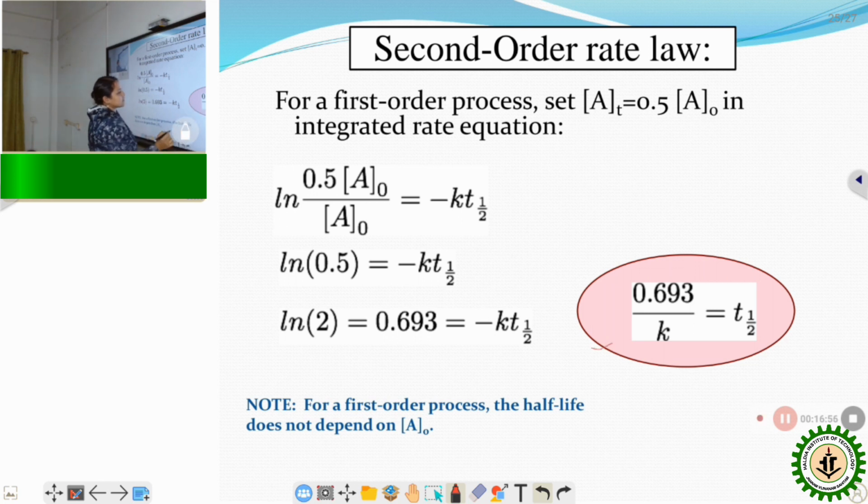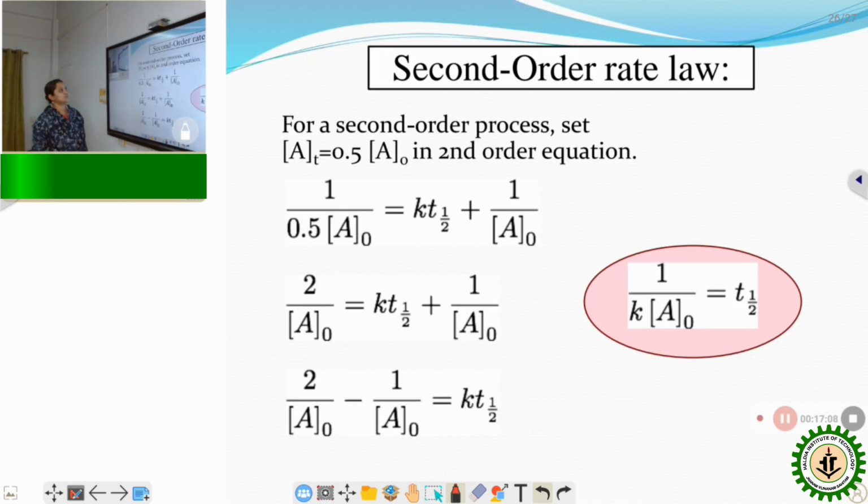So this is the expression of T-half for the first order rate equation, and it is also clear from here that for the first order reaction, the half-life of the reaction is independent of the concentration of the reactant molecule.